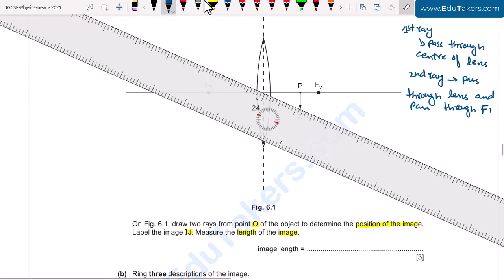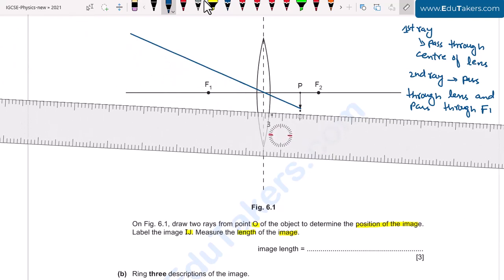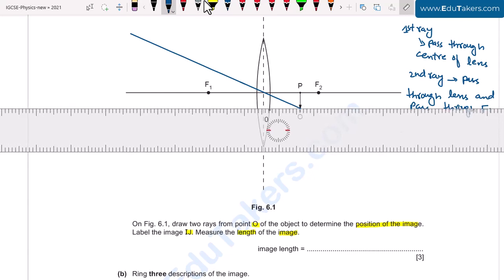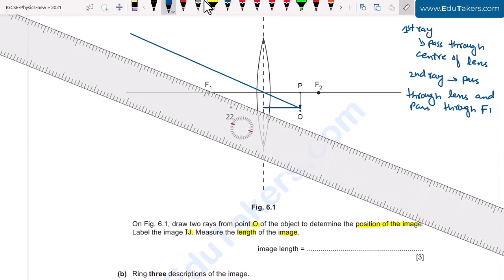This is the first ray, passing through the center of the lens and going straight forward. The second ray is first parallel to the principal axis, and after refraction by the lens it passes through the focus point.